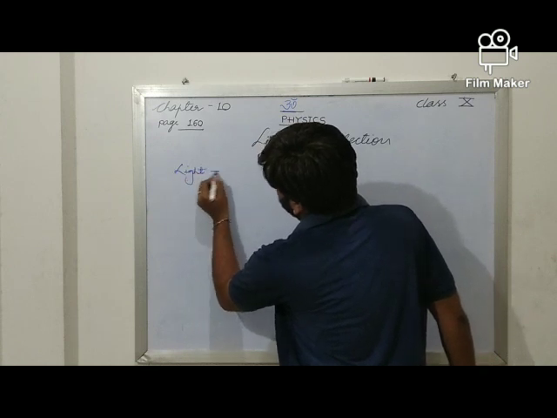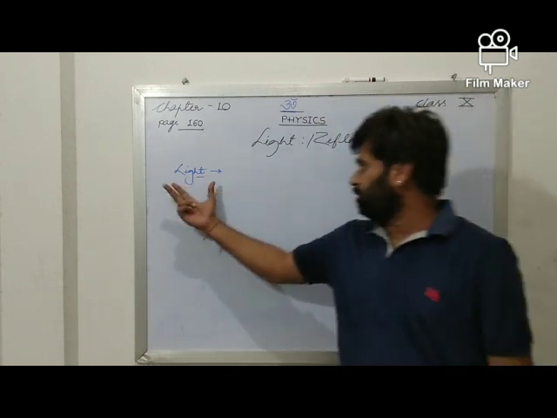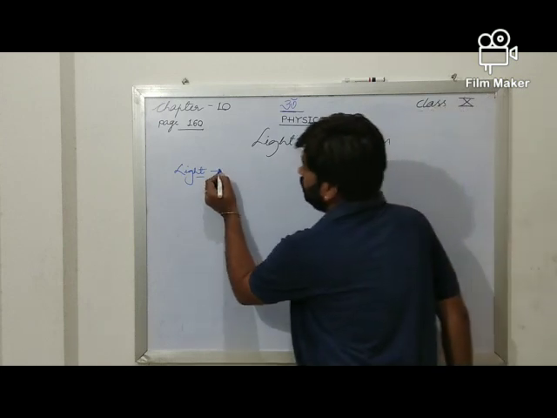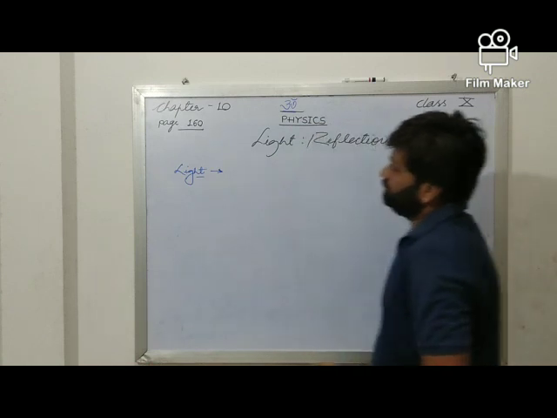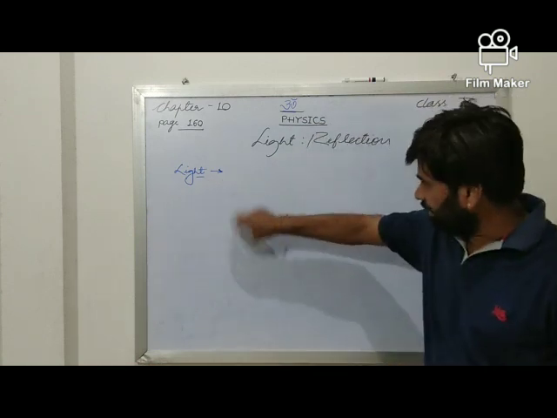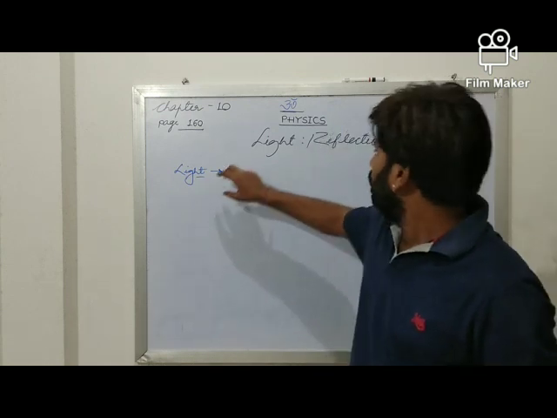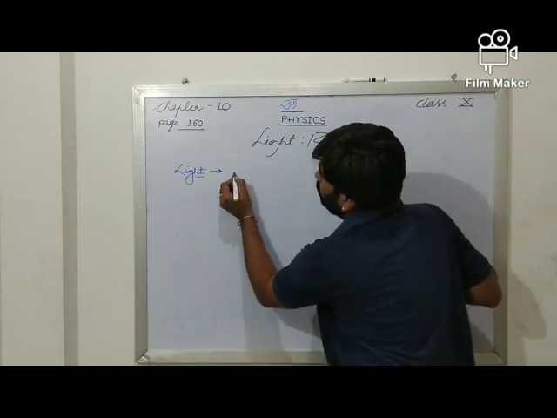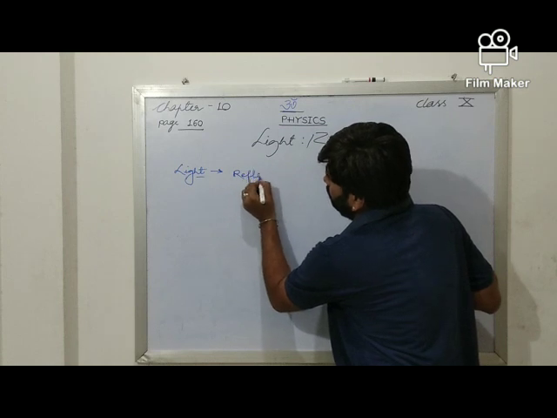Actually in this chapter we should not bother about this. Light is nothing but a form of energy, as we have already studied. We should not go too deep into this, because we will see it in our higher studies. Right now we are going to see the phenomena related to light. First of all, we are going to take reflection.